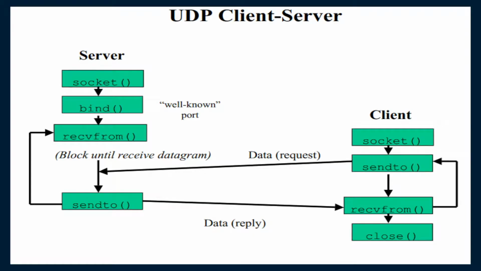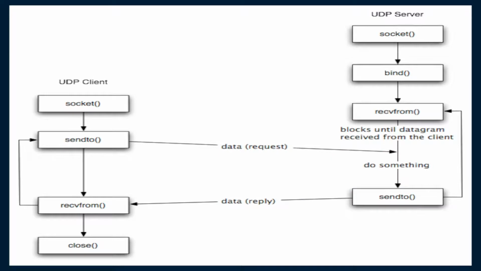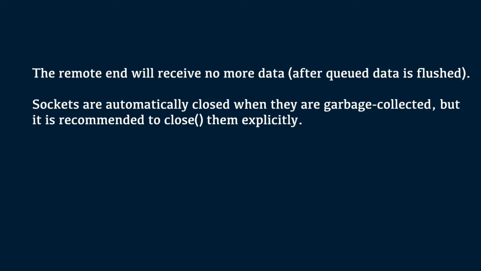The s.recvfrom method receives a UDP message. The s.sendto method transmits a UDP message. The s.close method closes the socket. The remote end will receive no more data after queued data is flushed.